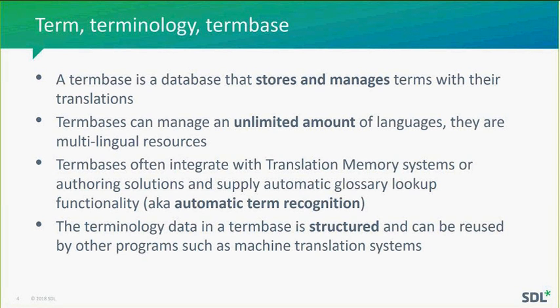And since terminology data is structured data, it can also be very well used by other programs, such as machine translation programs, for example. And you can actually use this data very easily to train machine translation engines with it. So a good terminology database is a very good asset also if you look a little bit into the future and what technology you want to use in, let's say, 5 or 6 years.